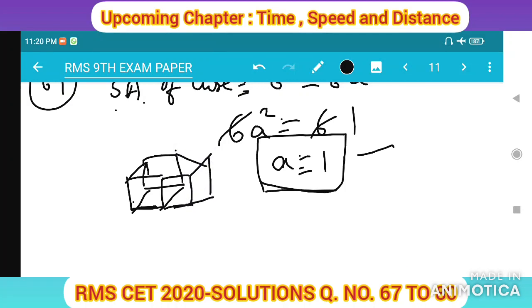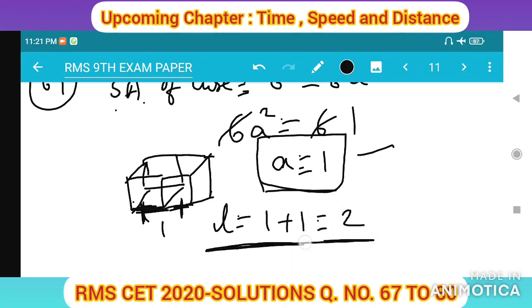When the two cubes are joined, this forms a cuboid. So this length is adding. Suppose here L is 1, so L becomes 1 plus 1 is equal to 2. Only the length changes.